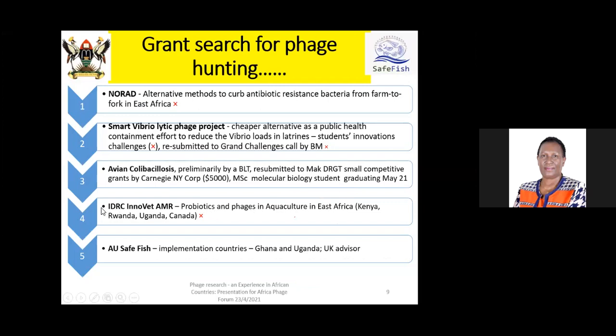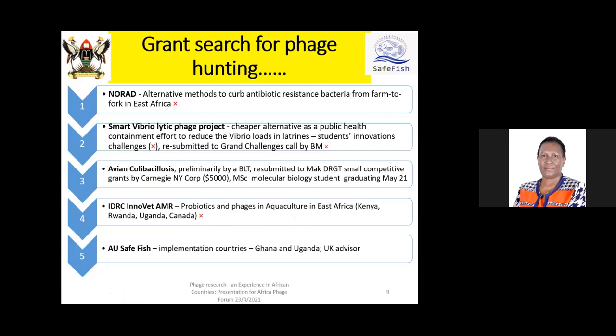Then there was the IDRC Innovates AMR call, where we organized some universities from Kenya, Rwanda, and Uganda, and we got a Canadian collaborator. We wrote about probiotics and phages for use in aquaculture in East Africa, in order to reduce antibiotic use and therefore curb antimicrobial resistance.